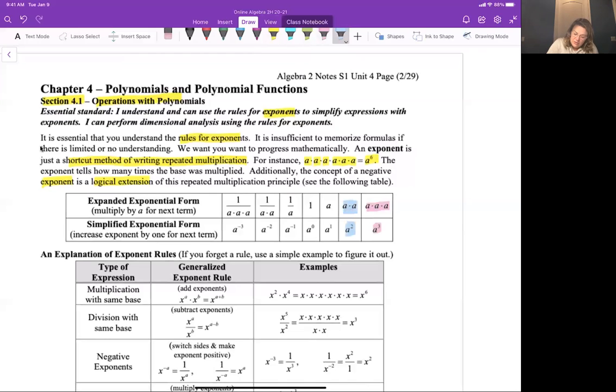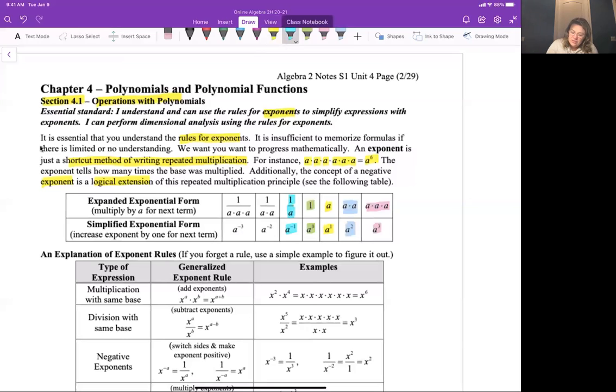A single a is a to the 1st. Here's an interesting one: 1 is the same as a to the 0. Any number to the 0 power is equal to 1. Now we have a to the negative 1. Well, that's the same as 1 over a.